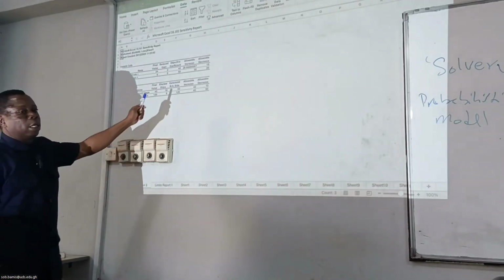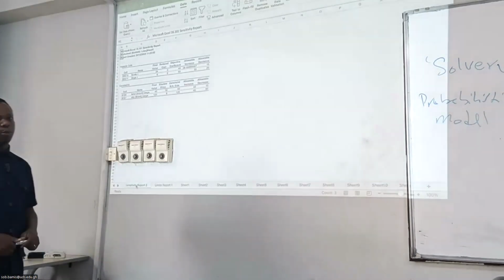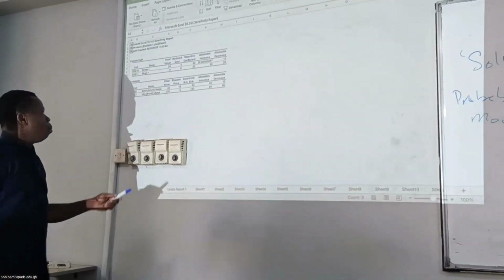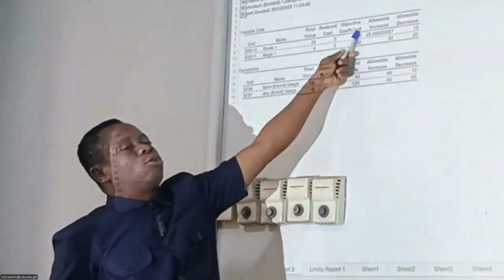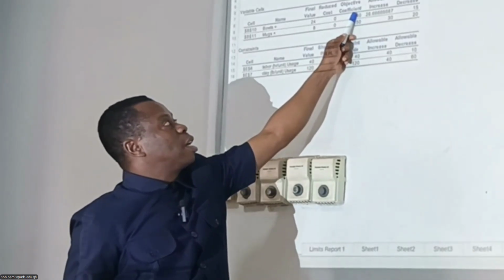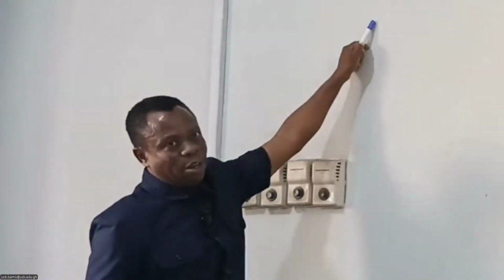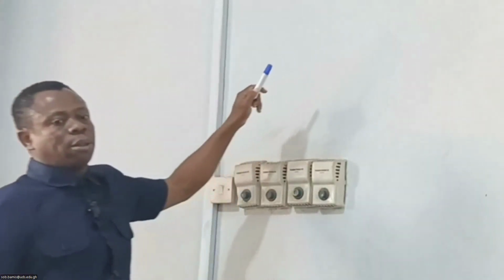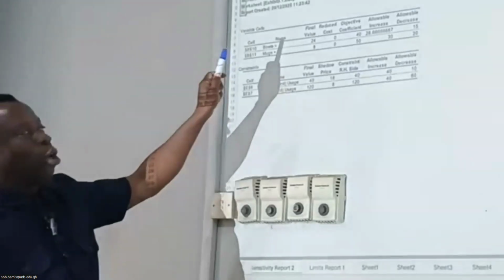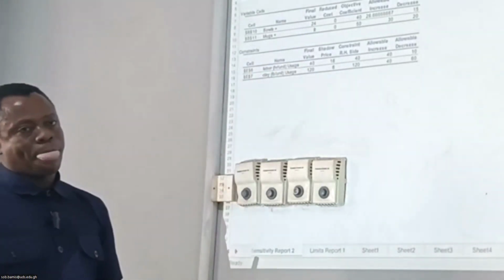The allowable increase of 26.666 shows that the coefficient of the objective function here, which is what, 40, can increase by 26.7, and still the right solution will be 24 moles, and then what? 8 mass.